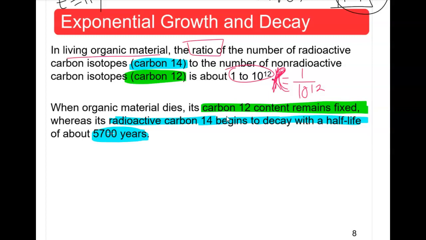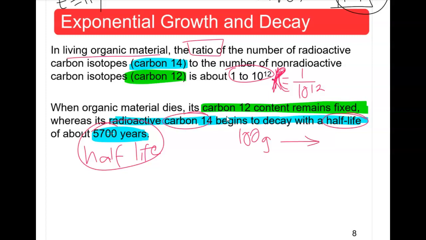So let me give you an example of what half-life represents. If you start with 100 grams of carbon-14, after 5,700 years, you will have half of that, 50 grams.